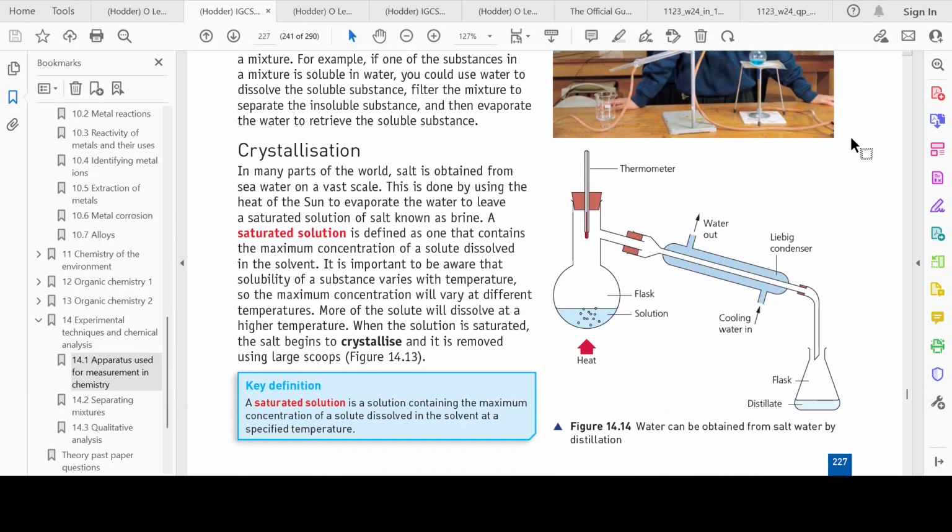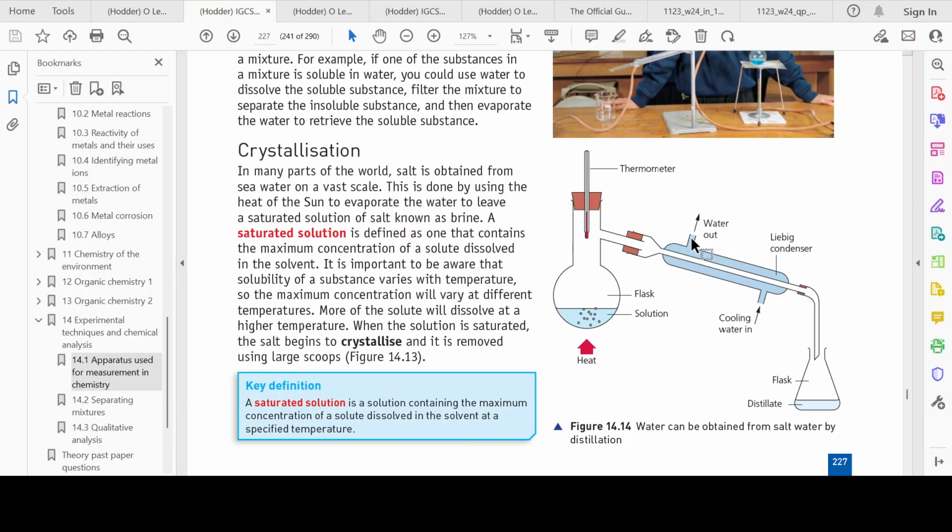This is the apparatus. So you've got the solution in here, you're providing heat, you're keeping track of the temperature because you're evaporating it up to the boiling point or under it. As the liquid evaporates, it rises up and travels over through the side arm, where you have the condenser column, and you're passing water through it.